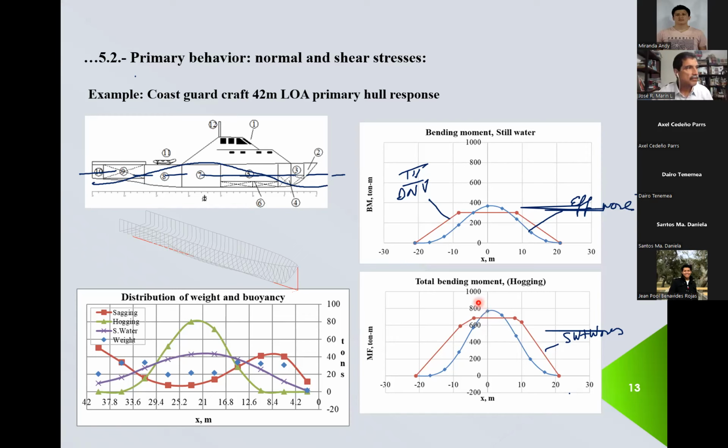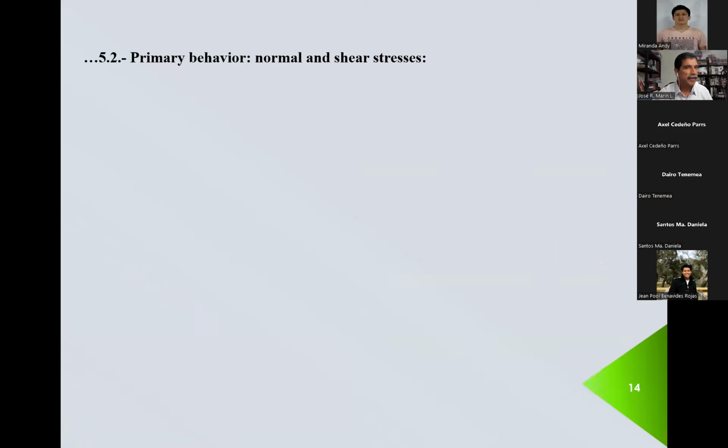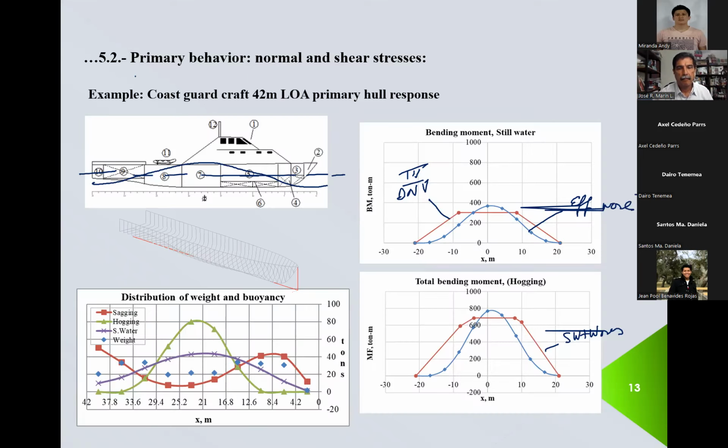Questions, people? Questions? Doctor, in the case of the weight, the region of the weight is added to the still water in the DNV rule. Yeah. In the case of the equivalent wave, the blue curve, you have both effects combined.